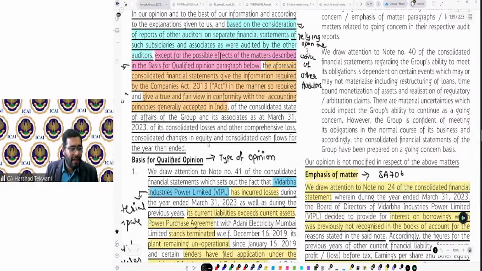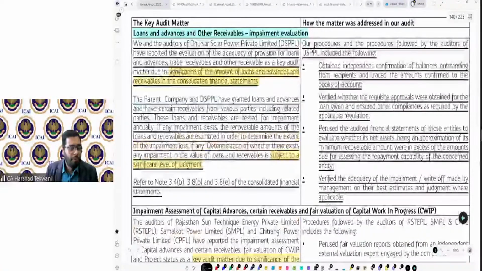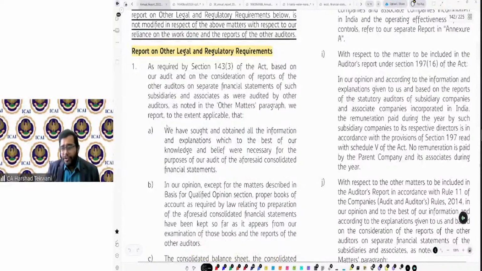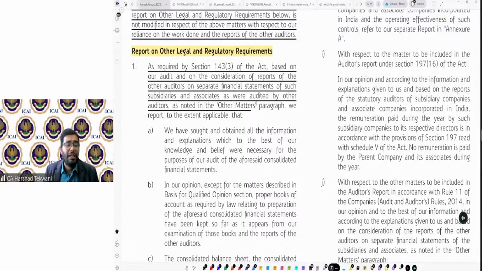Let's see another example of this. Now, this is for the consolidated financial statement. We saw the standalone financial statement till now. Now, let's see one for the consolidated. So see, in the consolidated financial statement: as required by section 143 of the Act, based on our audit and on the consideration of the reports of other auditors on separate financial statements of subsidiaries and associates, as were audited by other auditors, as noted in the other matter paragraph, we report, to the extent applicable, that.